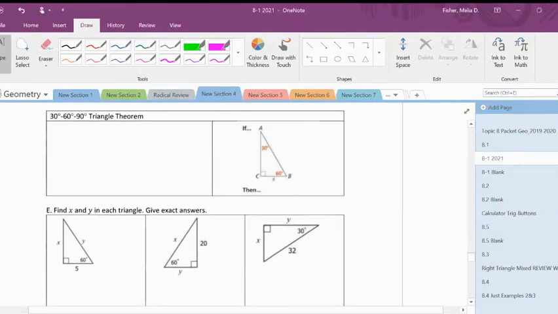Let's go ahead and formalize our 30, 60, 90 triangle theorem. Of course, we're always highlighting our theorems so that they're easy to find.